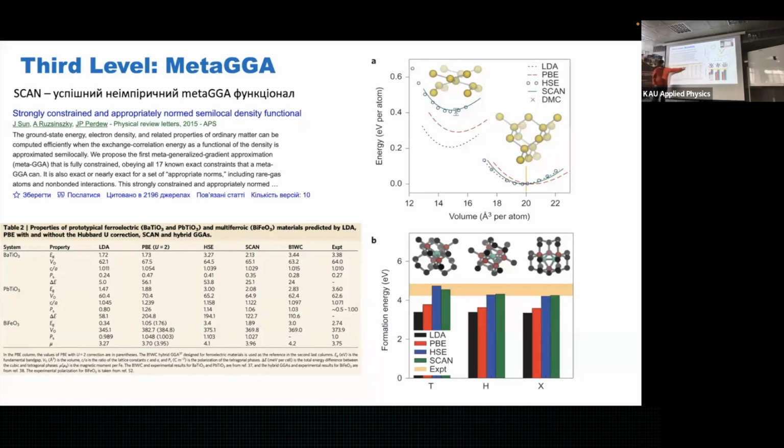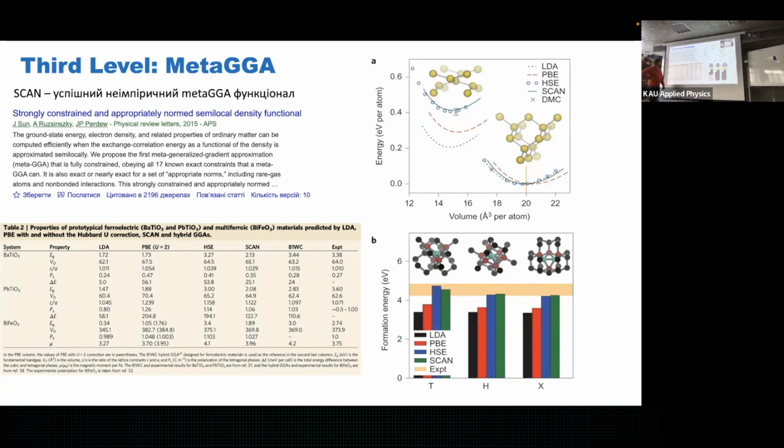And HSE, our next hero, Heyd-Scuseria-Ernzerhof. It's a hybrid functional. It gives us almost experimental values, but it's really hard to use this hybrid functional. For another system, LaMnO3, 1.37 LDA, PBE 1.88, real system 3.6, and SCAN 2.08.